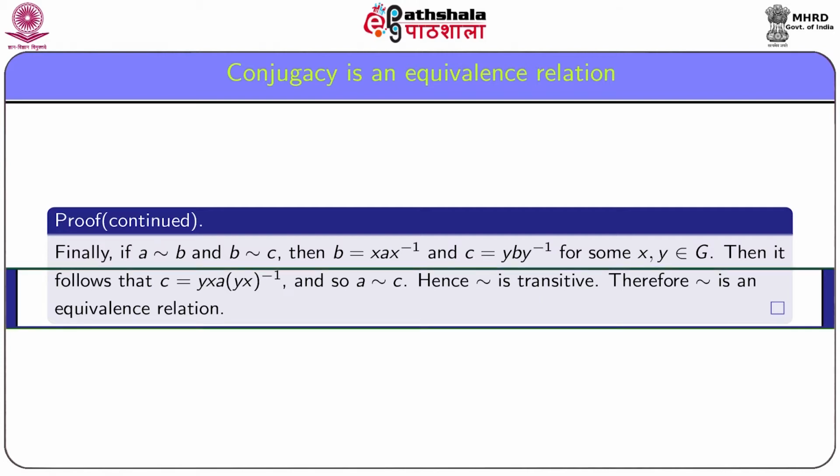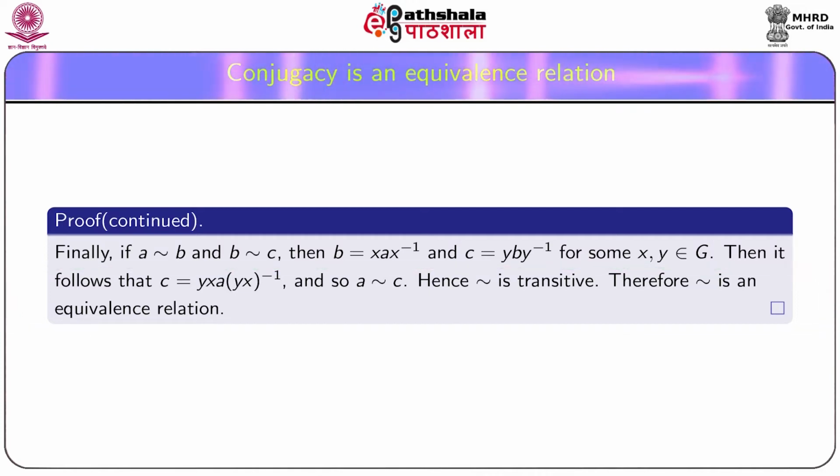Then it follows that C is equal to (y x) A (y x) inverse. We get this relation by replacing the value of B in the second equality, and so we have A is rho related with C, hence rho is transitive, thus rho becomes an equivalence relation.